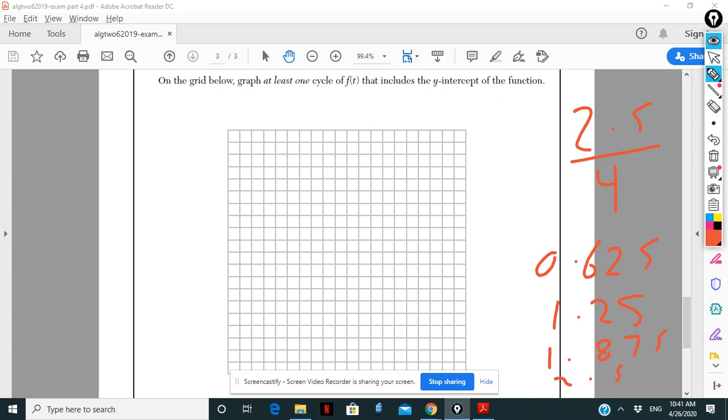Why am I doing that? To know the interval. So the midline is 13, the amplitude is 13, and the period I divided into 4 parts.